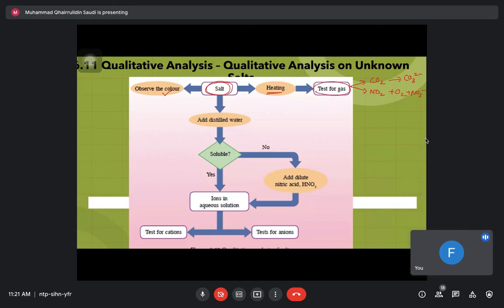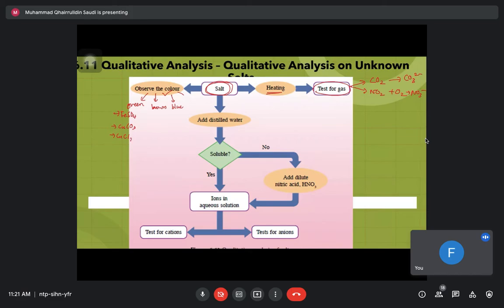Kalau observe the color of the salt, kita ada color green, kita ada color brown dengan kita ada color blue. Yang lain-lain semua white. Kalau green, iron 2 sulfate, copper 2 chloride, carbonate. Ini warna green.